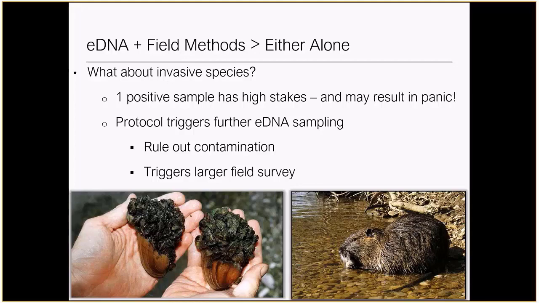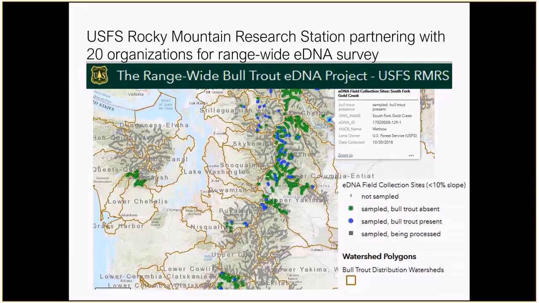I was just going to briefly touch on this range-wide study that the U.S. Forest Service Lab is conducting on bull trout. This is kind of like the grand picture of what eDNA could accomplish.